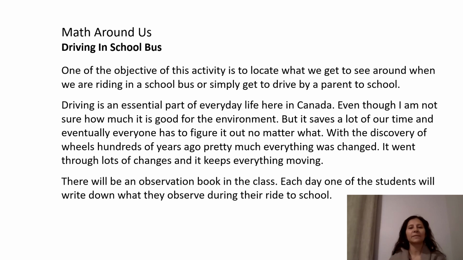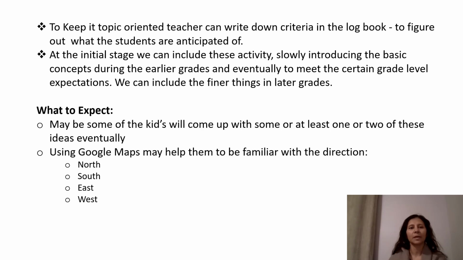For this particular activity, there will be an observation book kept in the class for the students. Each day, one of the students will write down what they observed during their ride to school. To keep it topic oriented, the teacher can write down the criteria in the logbook to show what the students are anticipated to observe.